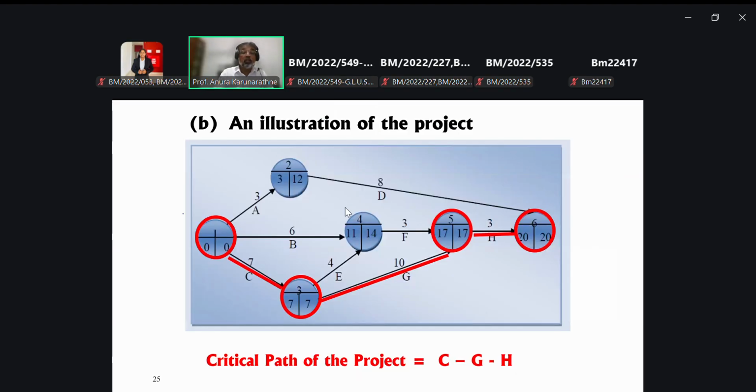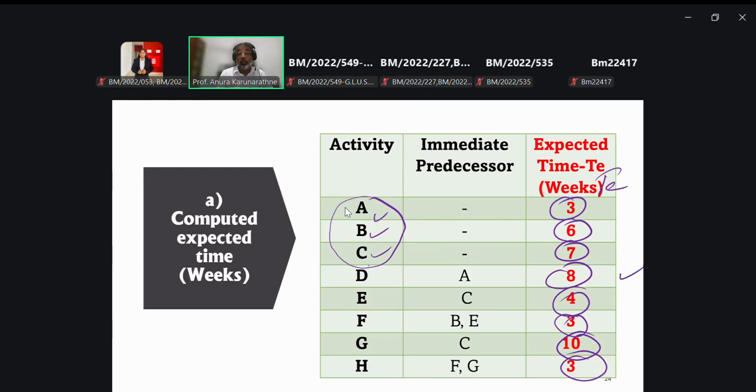You can draw it in this particular way. So you can see the initial nodes, right? Then you go to the next one, A. After completing A, D after completing A.